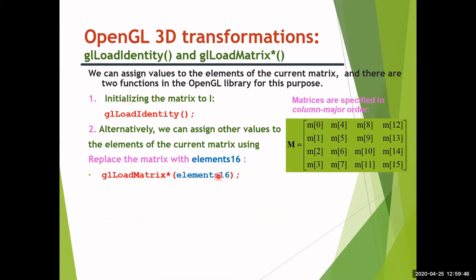glLoadMatrix takes a matrix in what we call column major order. Column major order is exactly opposite to the maths concept. Usually in maths, any matrix is in row major order. But here we have column major order. It depends upon the implementation of the software or package; many other packages use row major order.